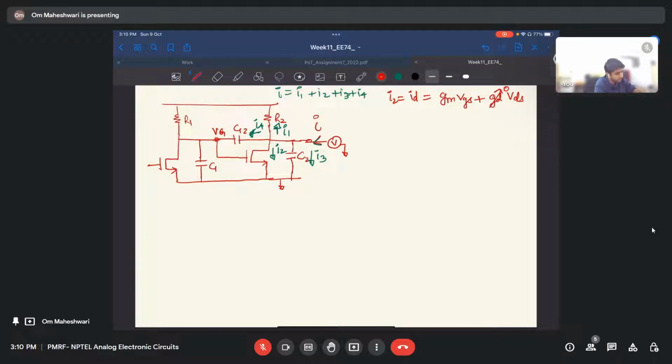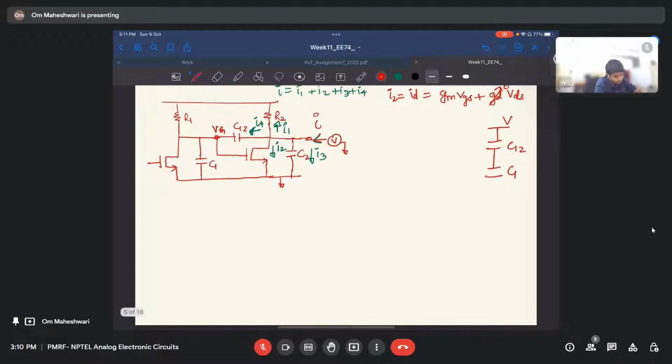So we will draw a voltage divider first. If the voltage here is V, here is C12, then there's a capacitor C1, then simply R1.